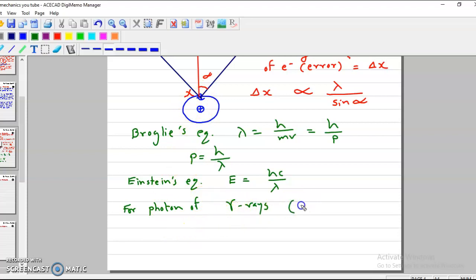Because gamma rays have minimum wavelength and maximum energy. So for gamma rays, lambda will be minimum, but the momentum and energy of gamma rays will be very high.